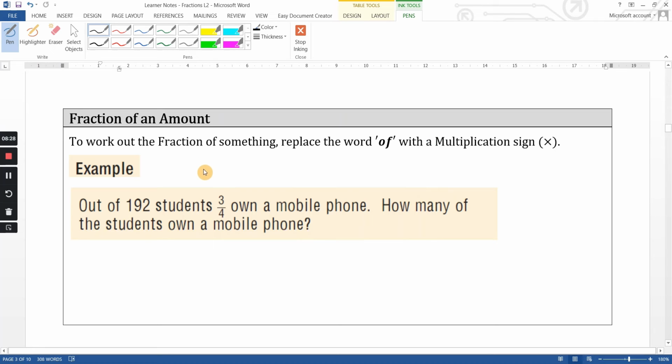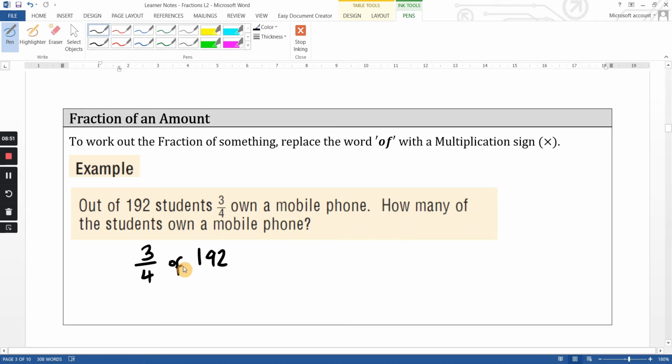So, how to work out fractions of amounts. To work out the fraction of something, replace the word "of" with the multiplication sign. For example, out of 192 students, 3/4 own a mobile phone. How many of the students own a mobile phone? So we need 3/4 of 192.